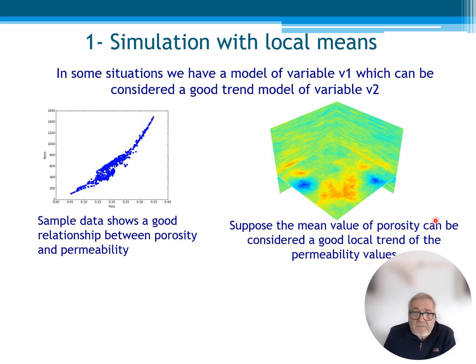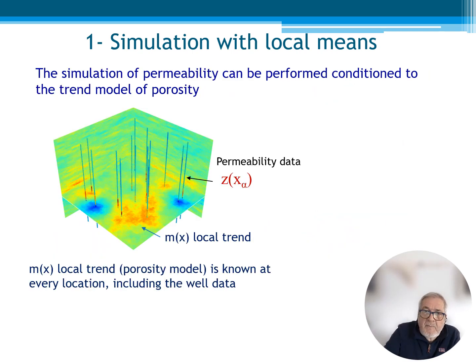Suppose this is the mean value of the porosity model, obtained by kriging or by the mean of simulated porosity realizations. We can consider, as an assumption, a good local trend of the permeability, and we are going to use the mean model of porosity as a trend to simulate the permeability. So the simulation of permeability can be performed conditioned to the trend model of porosity, which is this one here, and the permeability data. Okay.